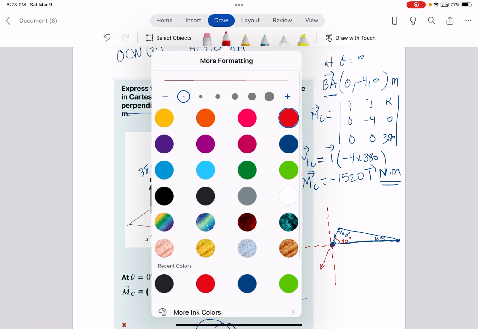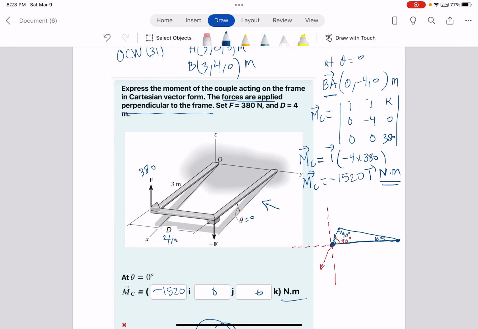So this is the angle theta, because it is opposite to it. This is going to be the force 380 cosine 80, and this is 380 sine 80.